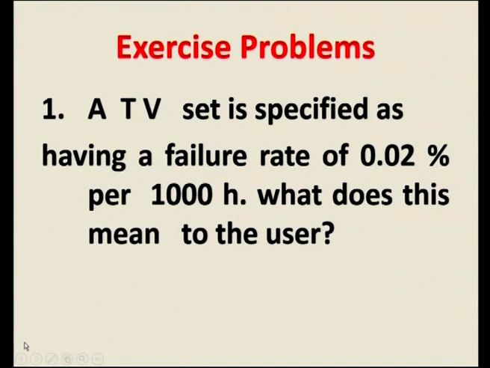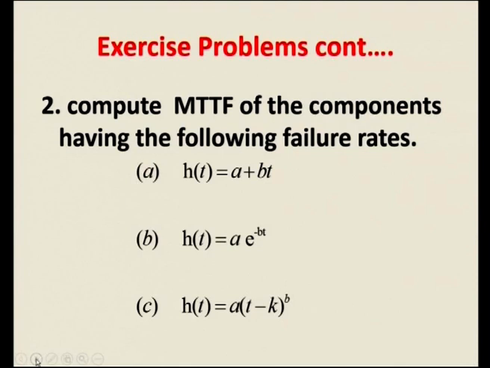A TV set is specified as having a failure rate of 0.02% per 1000 hours. What does this mean to the user? Another problem: compute the mean time to failure of components having the following failure rates. First one, h of t equal to a plus bt.